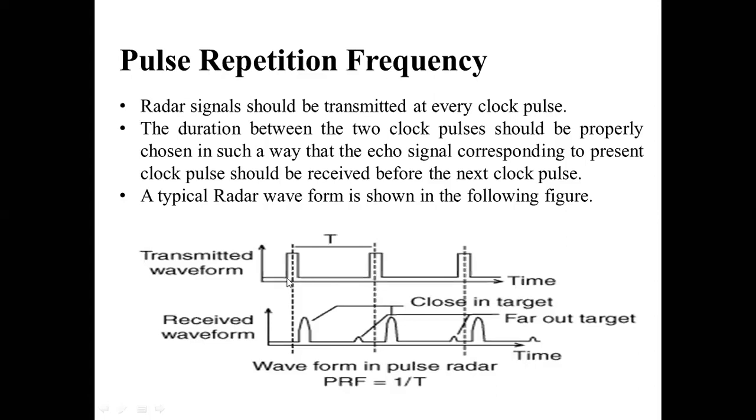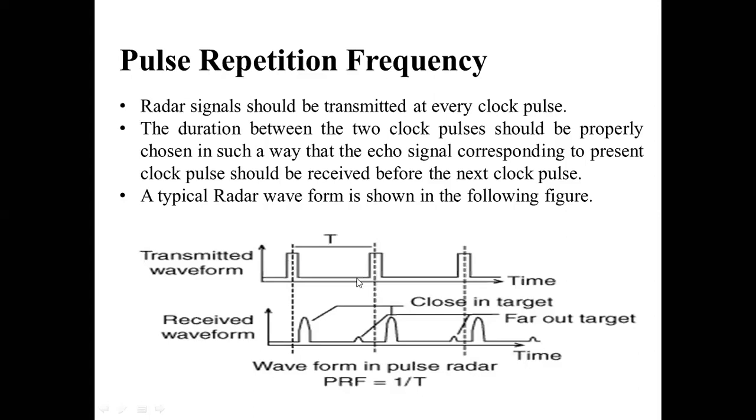So within this pulse repetition time, we are getting the echo signal. There is no ambiguity. That means that echo signal is related to the first pulse.